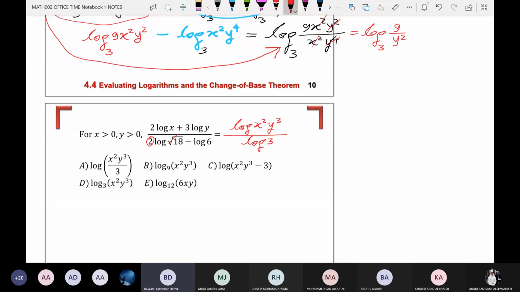All right. Now, what is the answer, Shabab? A, B, C, D, E. Who's going to tell me the answer? Is it A? A, okay. Is there any other idea? No, C. C, okay.